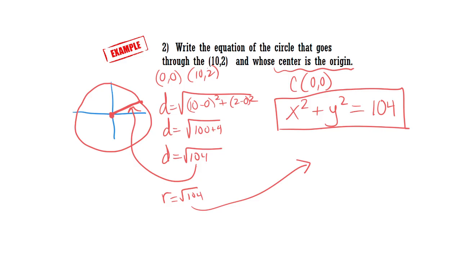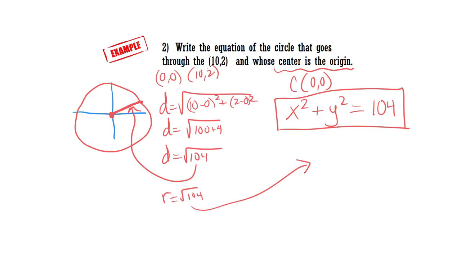Now, another thing that you could have done, because the equation itself is the set of all the points on the circle, the point should work in that equation. And since we knew what the center was, I could have just plugged the 10 and the 2 in for the x and the y.